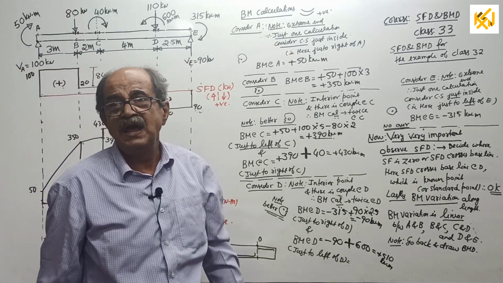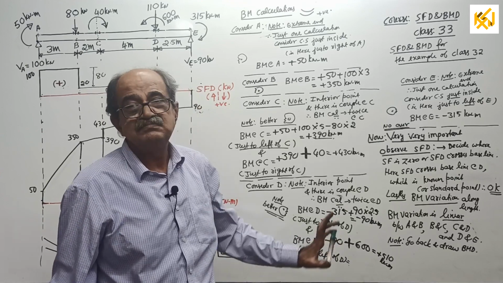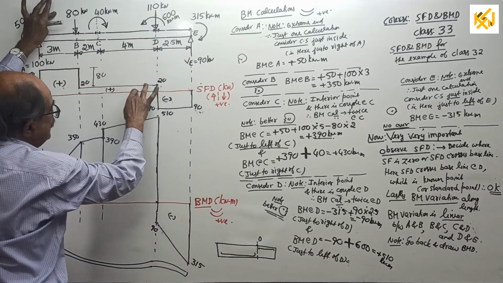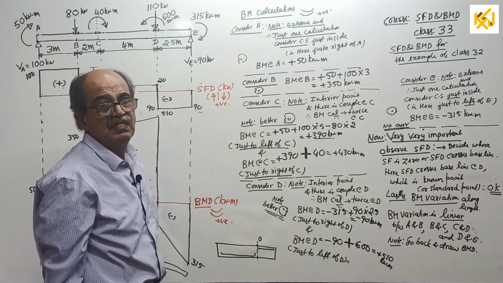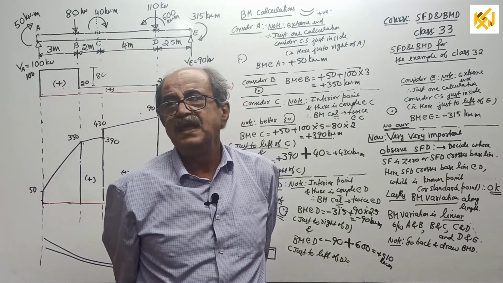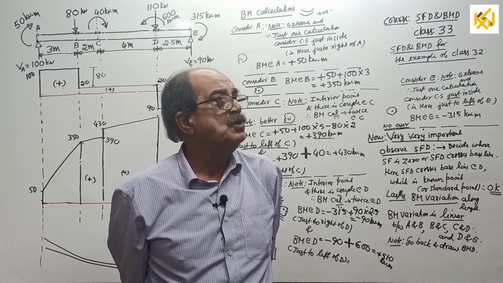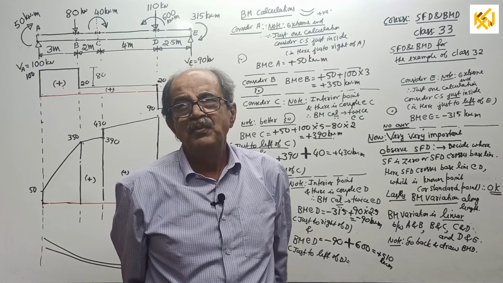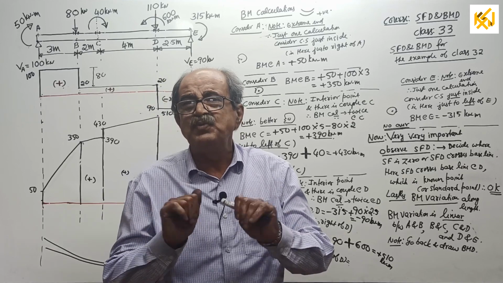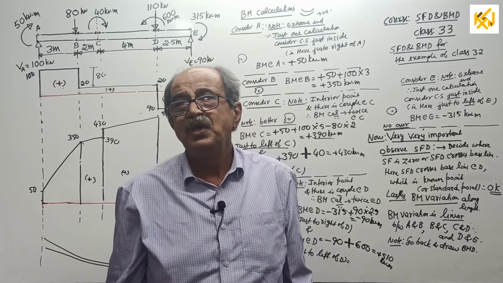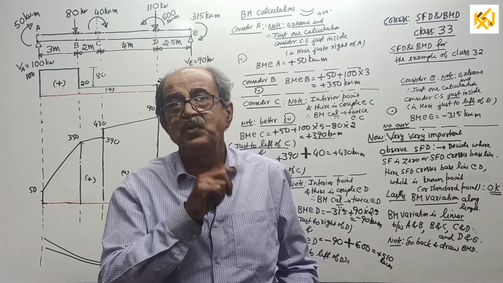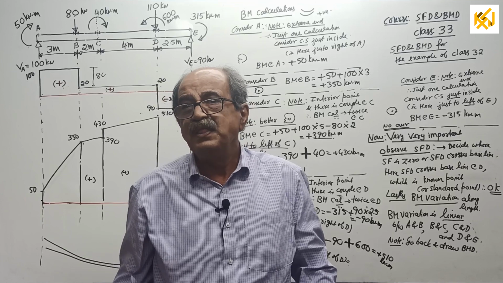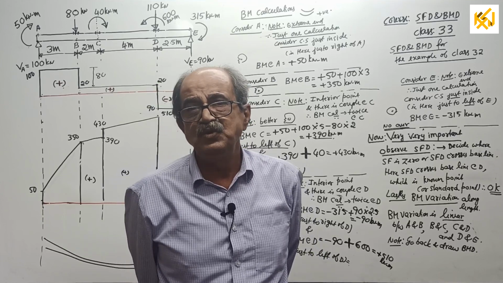Now, what I will do is, I will maintain this diagram. These two I will remove. I will draw SFD and BMD in front of you, not with my full speed, but with quite good speed, to show you that if you get good control and have good concept and knowledge, how easily you can master.